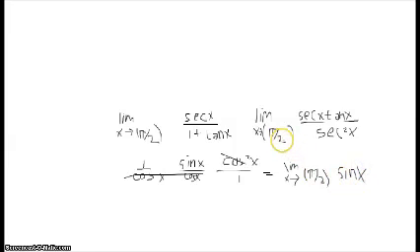From there you can just plug in pi over 2, and that's a lot simpler than plugging it into this equation right here. What you end up with is 1. Just be aware that sometimes trigonometric functions will show up, and it's not just limited to polynomial functions.